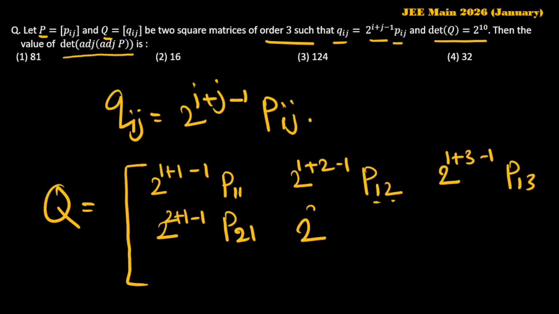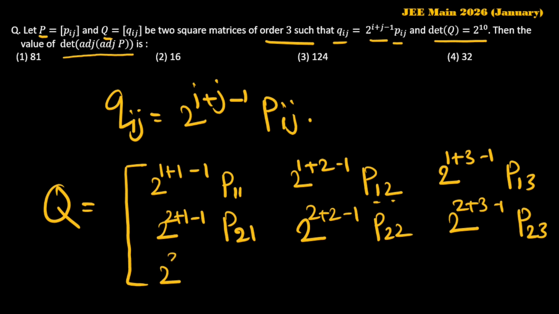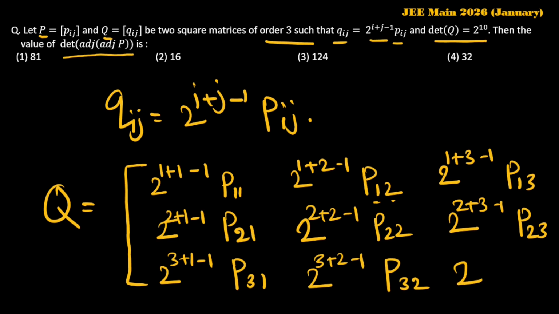Next 2 power 2 plus 2 minus 1 P22, then 2 power 2 plus 3 minus 1 P23. Then 2 power 3 plus 1 minus 1 P31, 2 power 3 plus 2 minus 1 P32, and 2 power 3 plus 3 minus 1 P33. So this is the Q matrix.